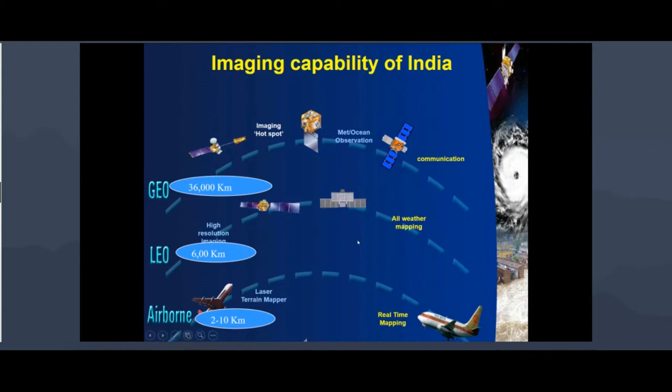But other than that, you can always fly using an aeroplane, but nowadays UAV is the most happening technology which people are using, at any time you can fly and you can map the flood and damage, etc. So you see we have the capability in each orbit, at GEO orbit, at LEO orbit, and of course very close to us using the aeroplane and the drone or UAV.